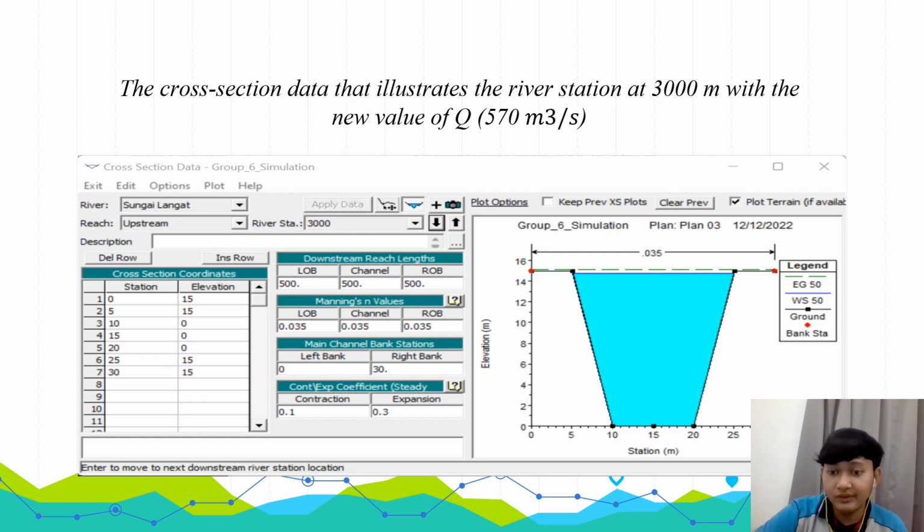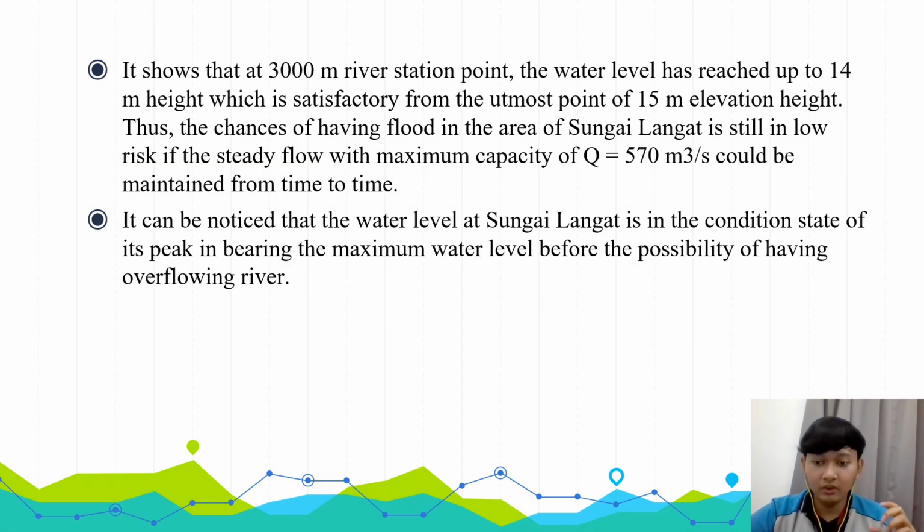What we can conclude from those cross-section data is that at the 3000 meter river station point, the water level has reached up to 15 meter height, which is satisfactory against the utmost point of 15 meter elevation height.